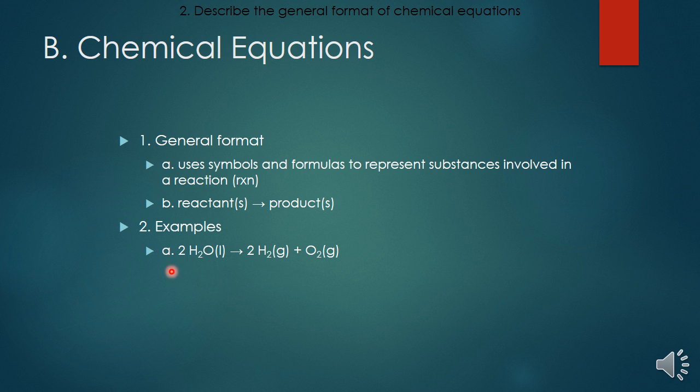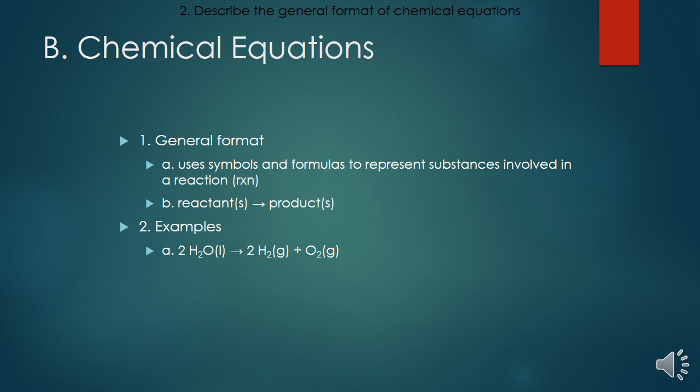Notice in front of a couple of these, the formula for water and the symbol for hydrogen, we have the number 2. And then we have an arrow, a plus sign, and next to each of these a letter in parentheses: the G next to the two elements here, hydrogen and oxygen, and an L. I know that might look like the number 1. It's actually the lowercase letter L in parentheses next to the formula for water.